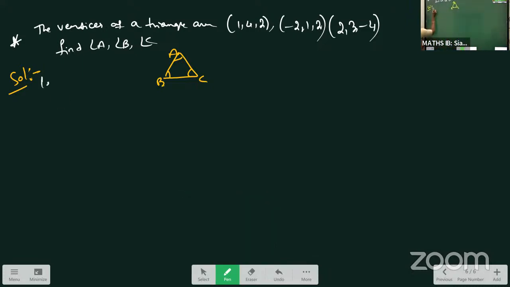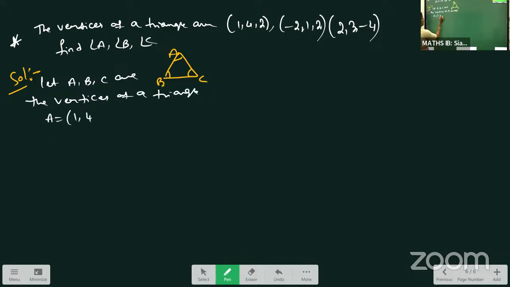So let A, B, C be the vertices of a triangle. Take vertex A as 1, 4, 2, vertex B as minus 2, 1, 2, and vertex C as 2, 3, minus 4.